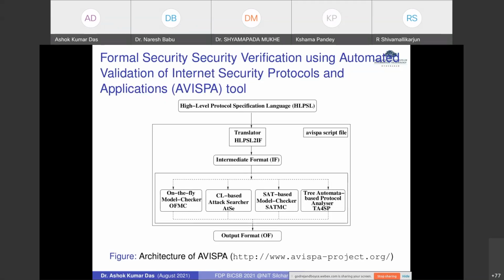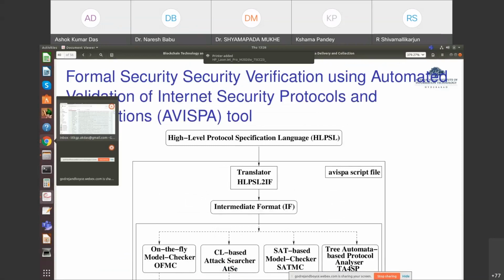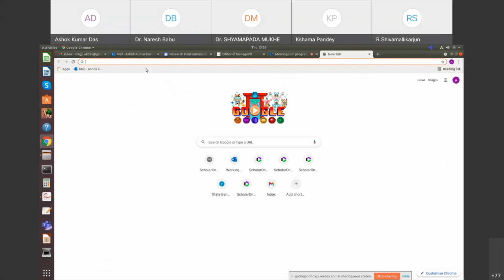Avispa is an open access software tool, and it is a big project.